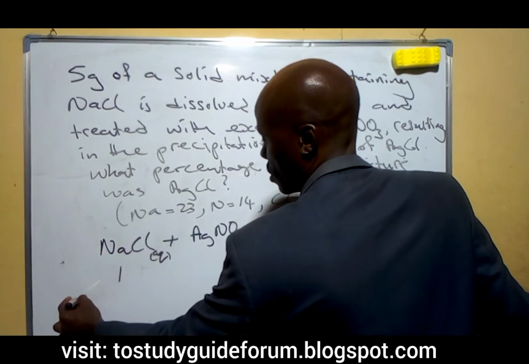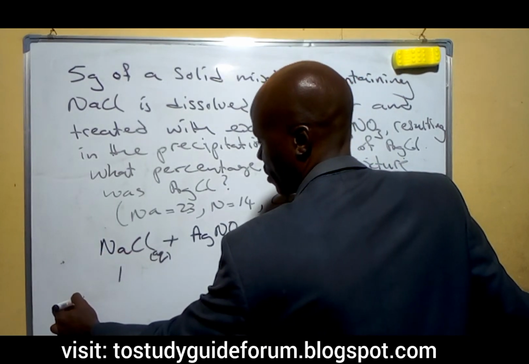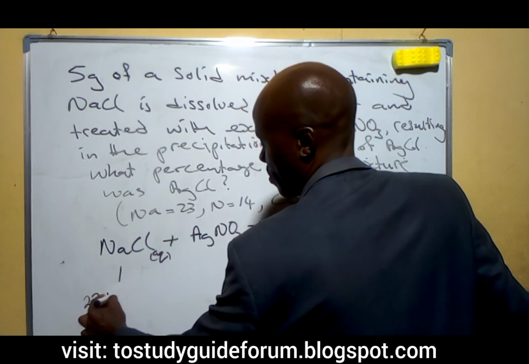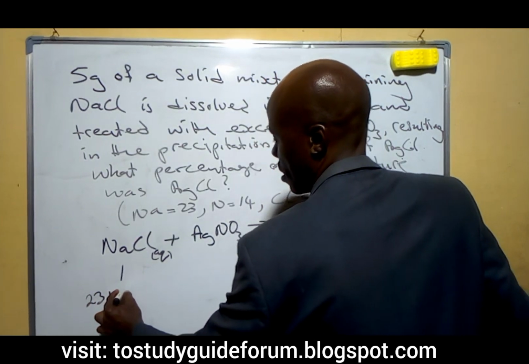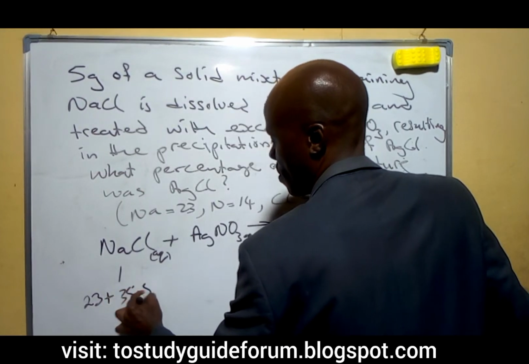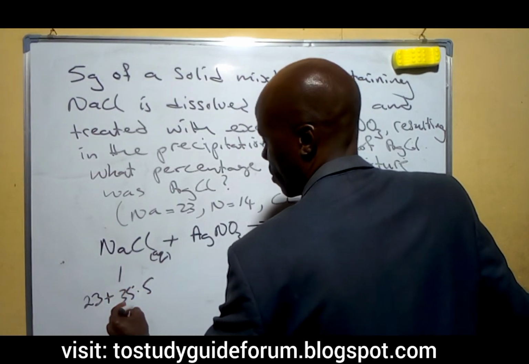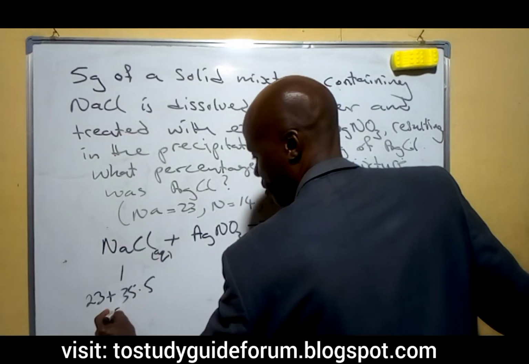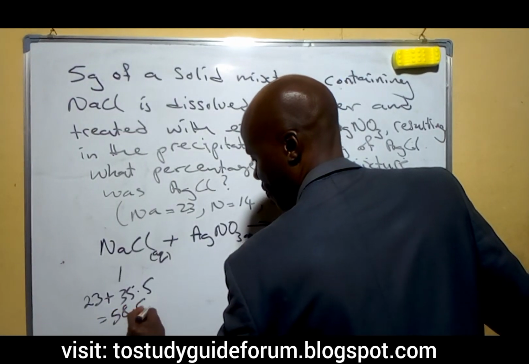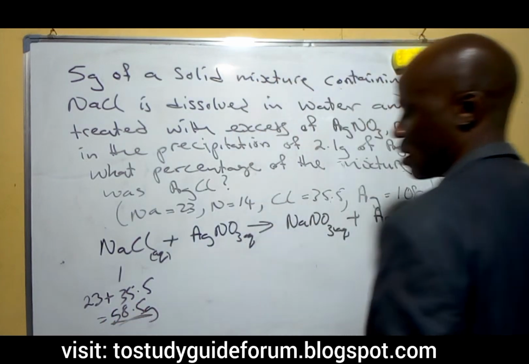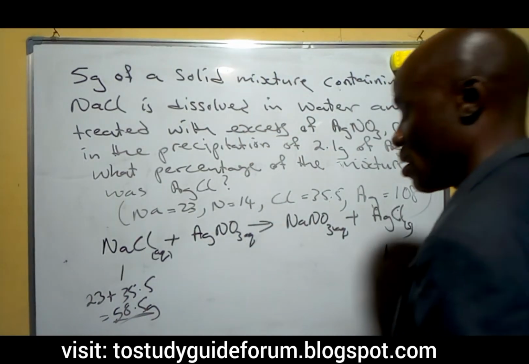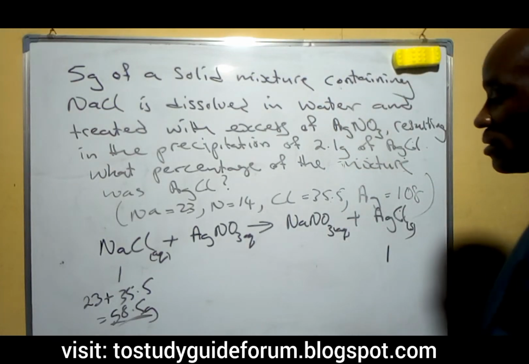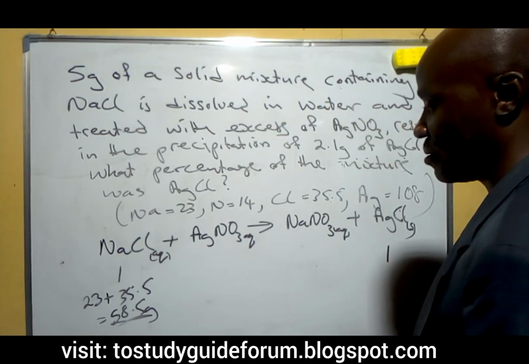So the relative molecular mass of sodium chloride here should be 23 plus 35.5, and that will give us 58.5 grams. So that's what we have there.